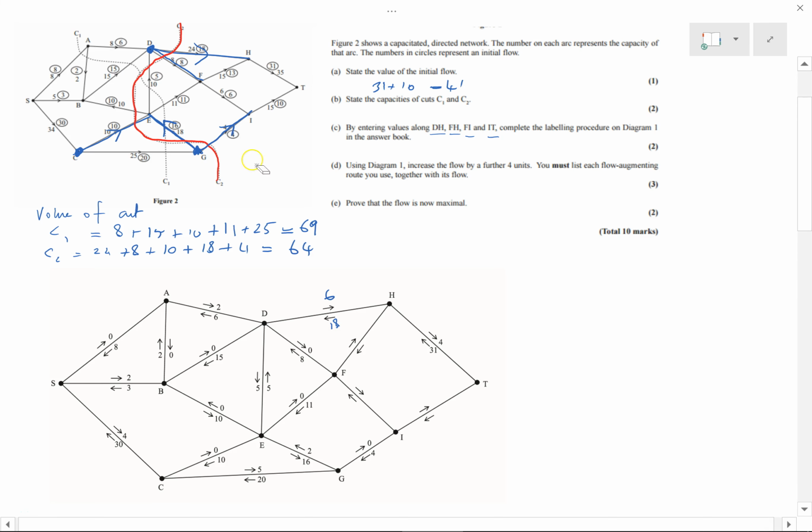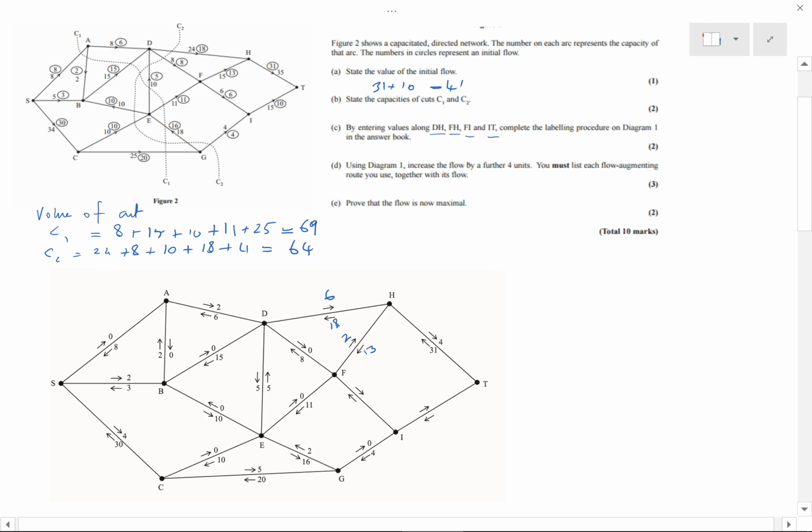Okay, let's rub these bits out here so I can see easier. FH has got a flow of 13, so I could increase this by 13. It's got a capacity of 15, so I can increase by 2 in that direction.